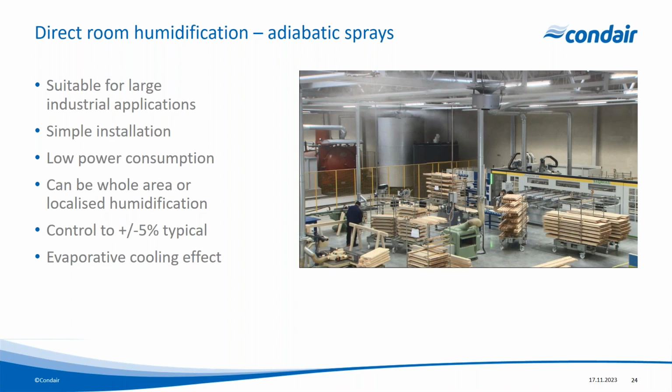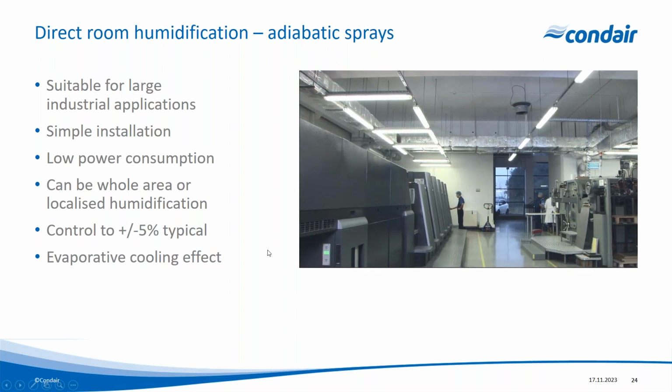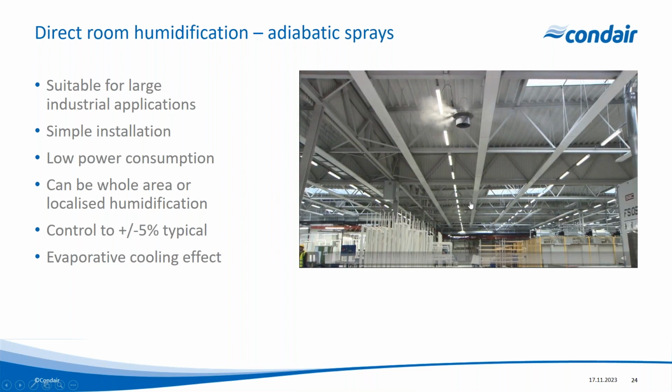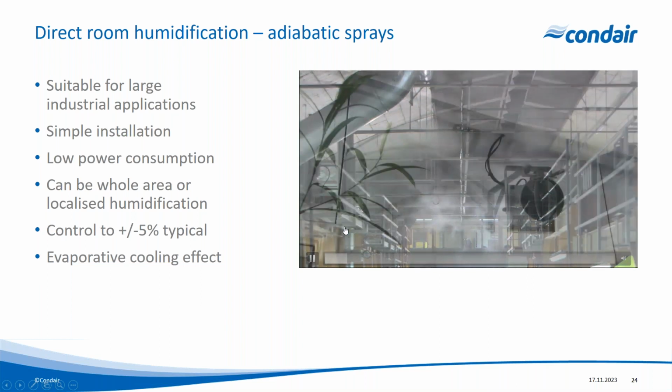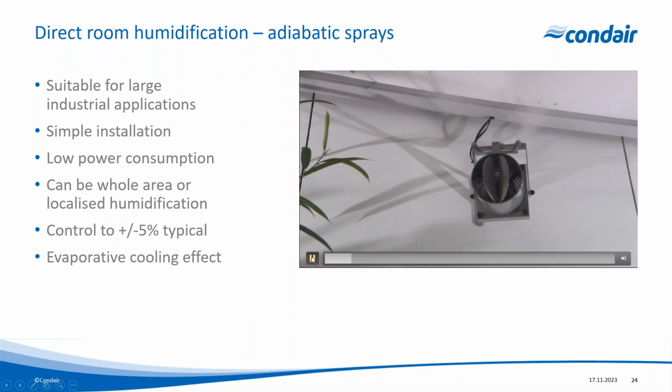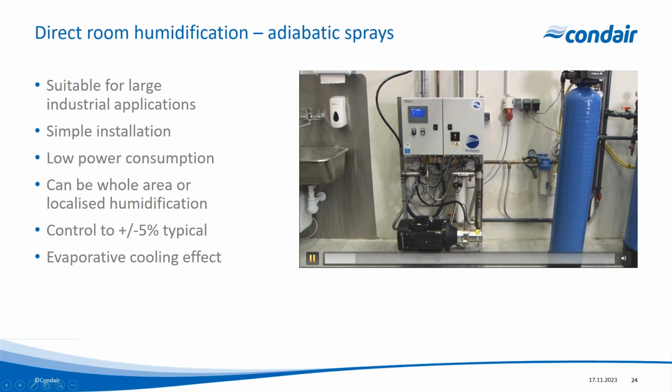So in a direct room application, the energy for running the system, for evaporating that water, is coming from the space. So very often we have machinery in that space where that is giving off a lot of heat. So here's a printer's or a textile firm, or where we've got a lot of machinery that is going to be giving off excess heat. We utilize that heat to change the state of the liquid.